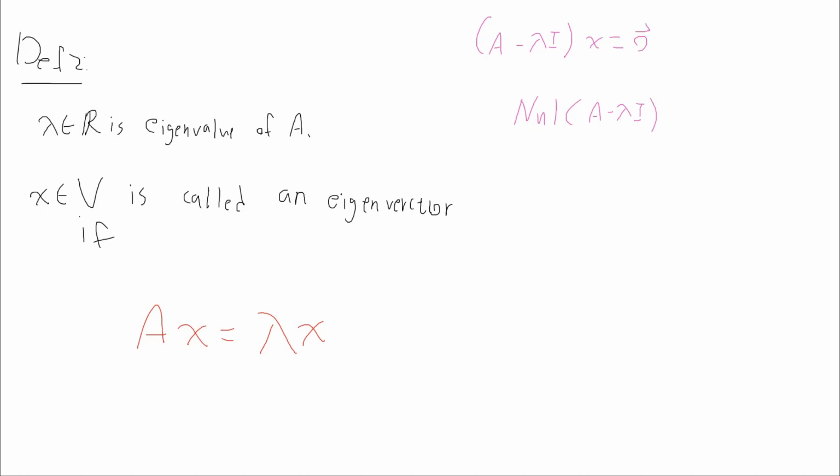So let's say all x that satisfies the equation A minus lambda I times x is equal to 0 is the set, the null space of A minus lambda I. Okay, right?